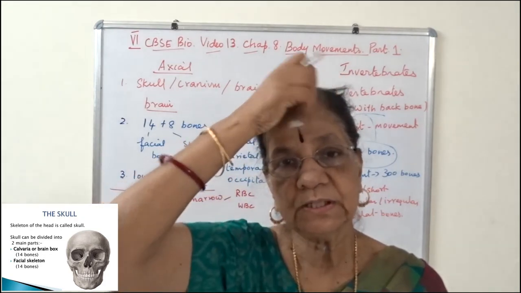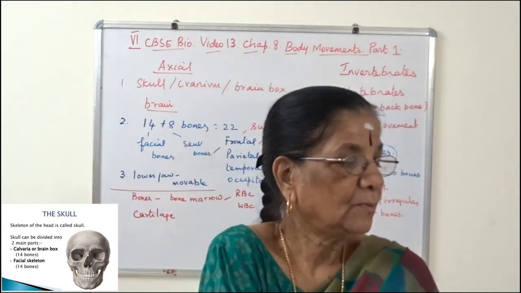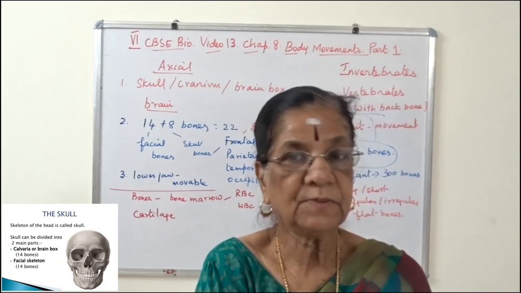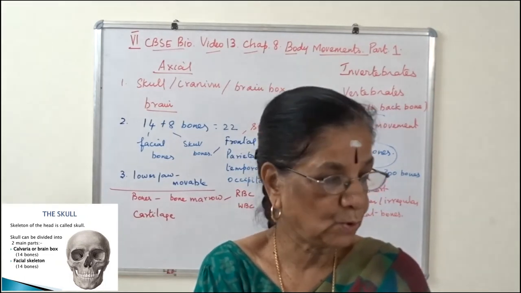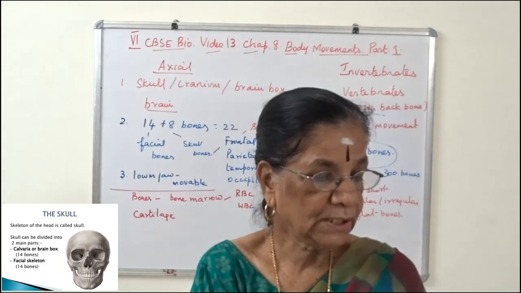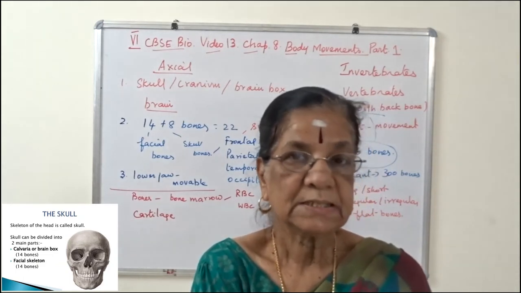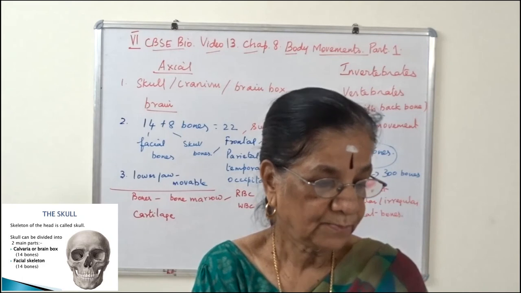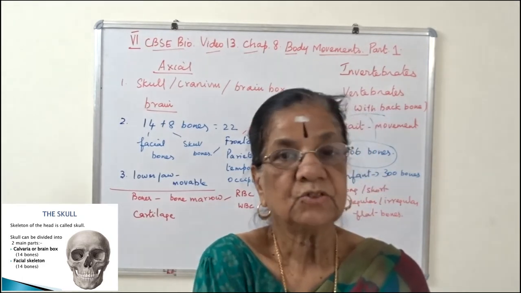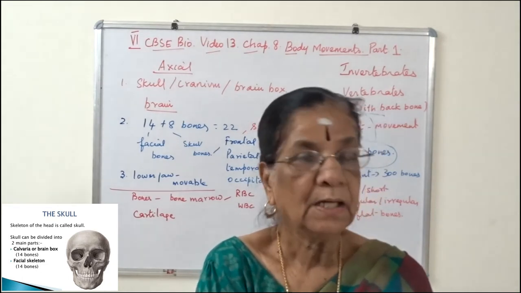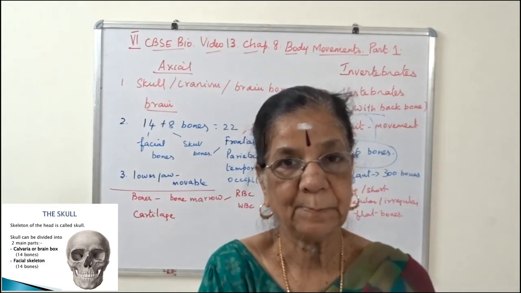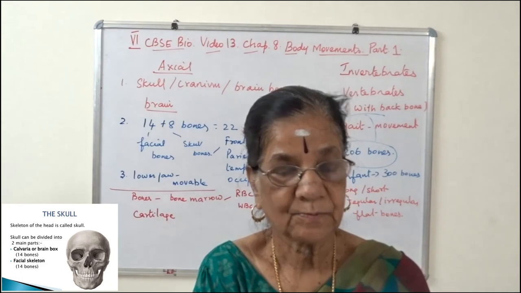There are bones in almost every part of our body, and there are 206 bones. The main bones in the skeleton include the skull, backbone, ribcage, pectoral and pelvic girdle, and bones of the upper and lower limb.